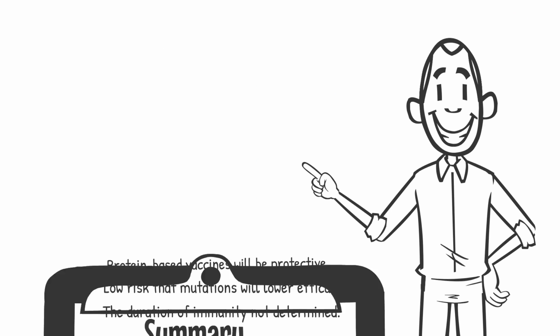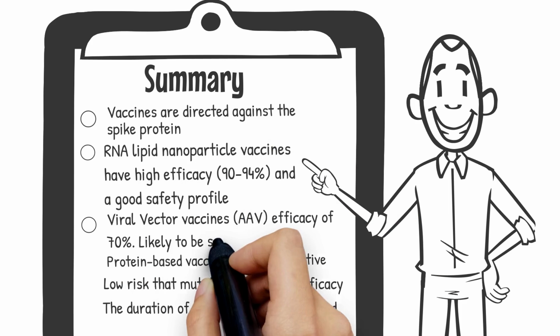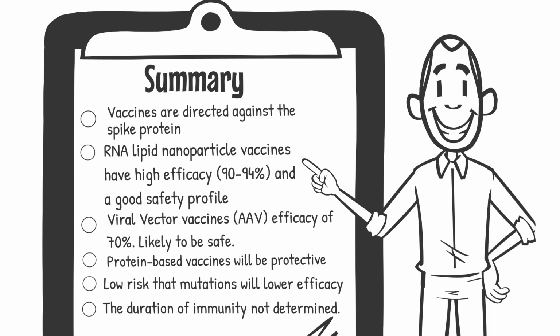In summary, the majority of vaccines are directed against the spike protein. RNA lipid nanoparticle vaccines have a high efficacy, 90 to 94%, and a good safety profile. Viral vector vaccines have demonstrated an efficacy of approximately 70%, and there is extensive experience with this vector through gene therapy.